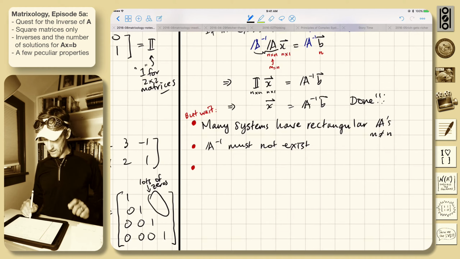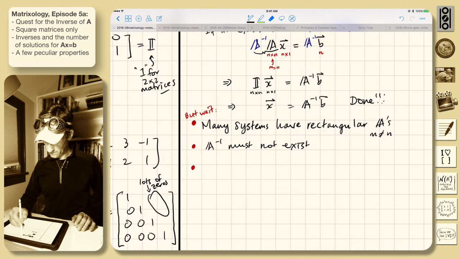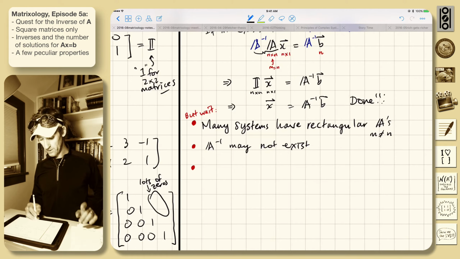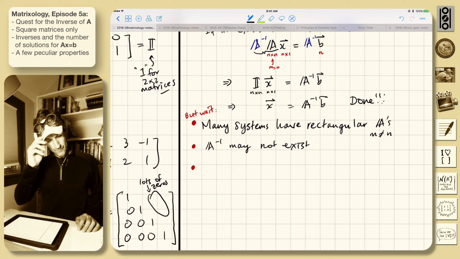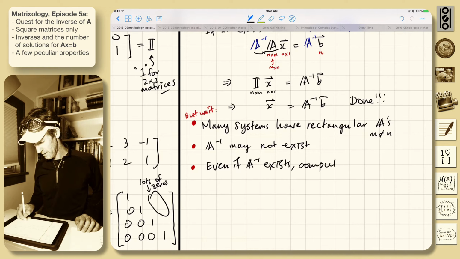Okay, so sorry, I've completely written the wrong thing. Too excited. A to the minus 1 may not exist. And then even if A to the minus 1 exists, computing A to the minus 1 is very hard work.